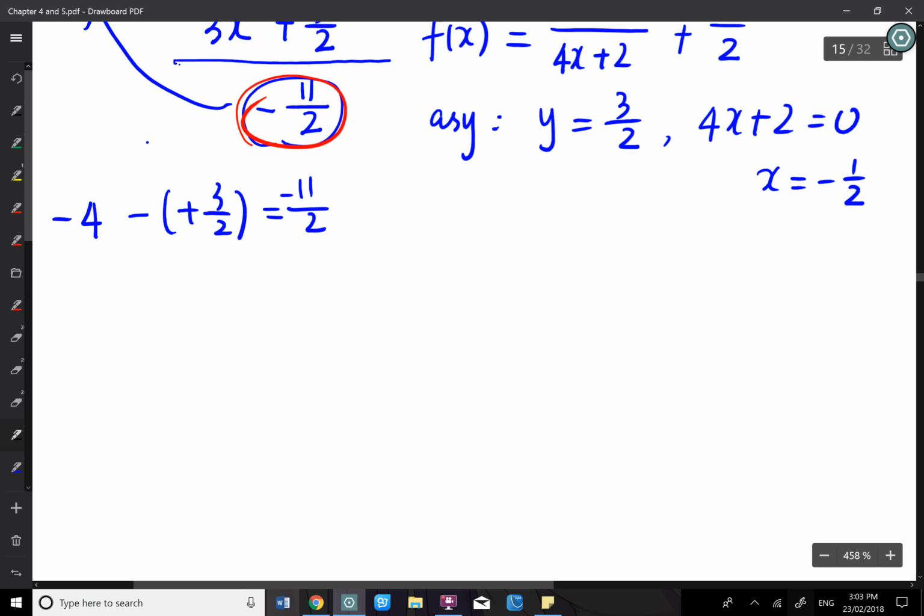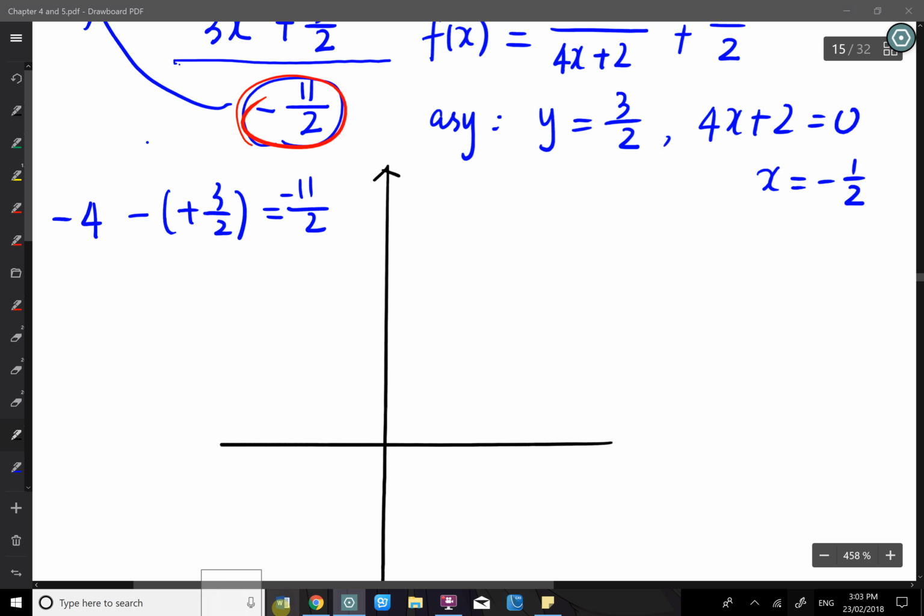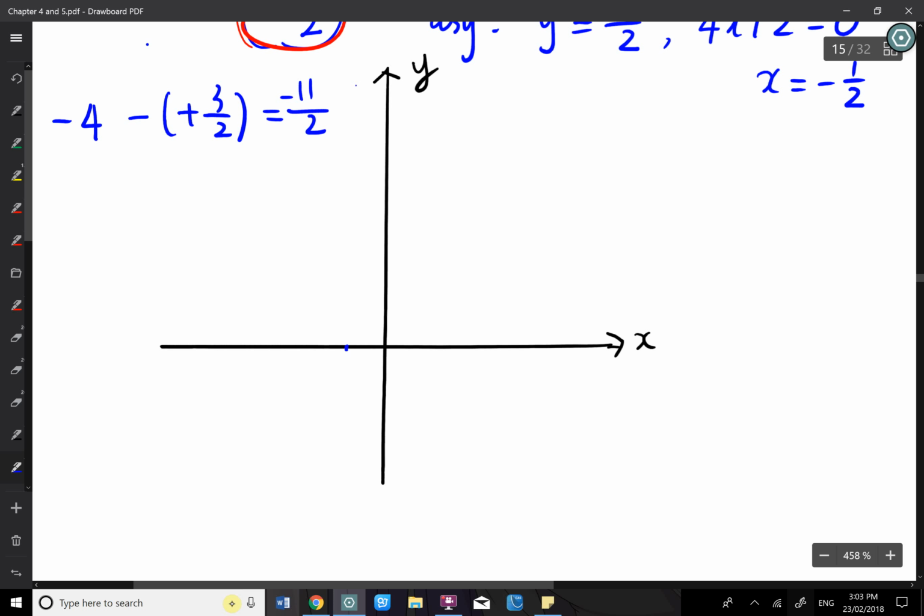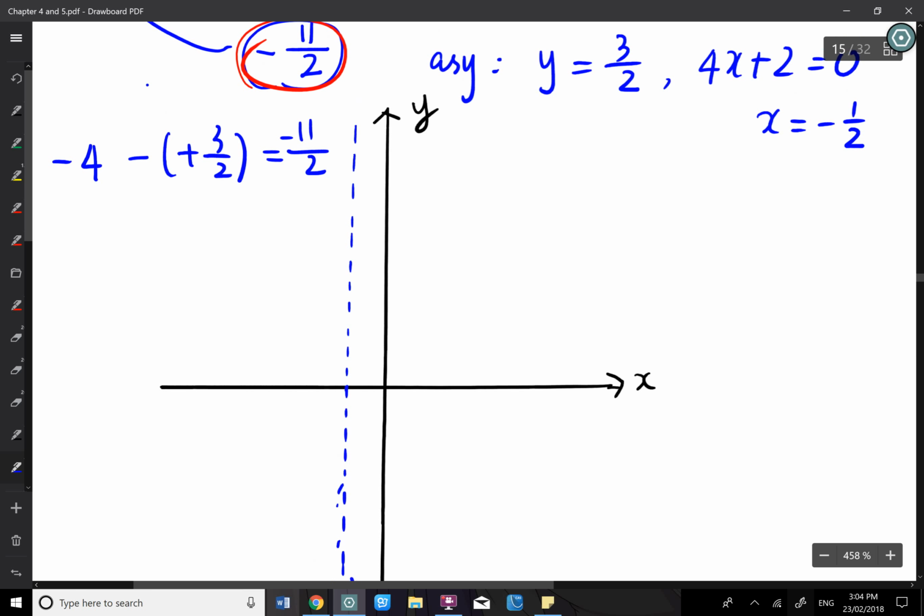So I will sketch it here first. Minus a half, and y equals 3 over 2.